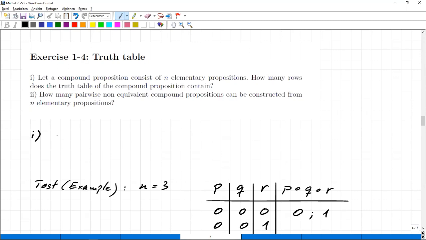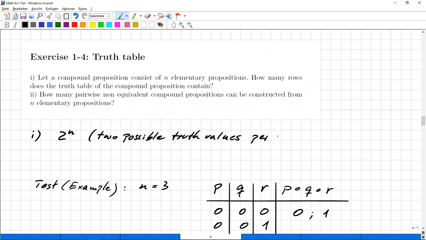I think it's 2 power n. 2 power n is correct, 2 to the n, because there are 2 possible truth values per constituent.